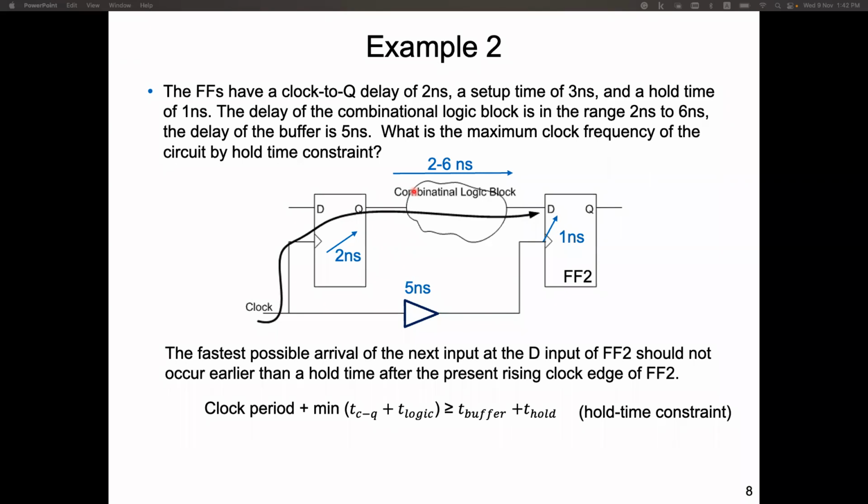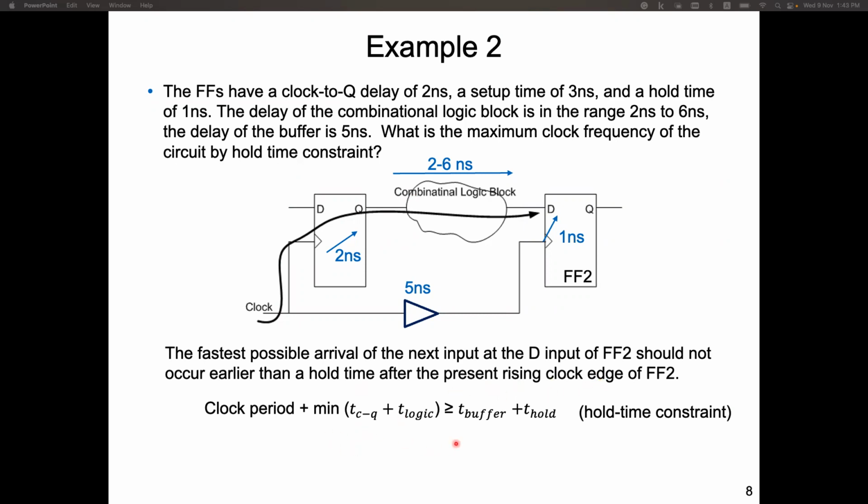The next sample should propagate later than this time. So the fastest possible arrival of the next input at this point should not occur earlier than the hold time after the present rising edge of flip-flop 2.